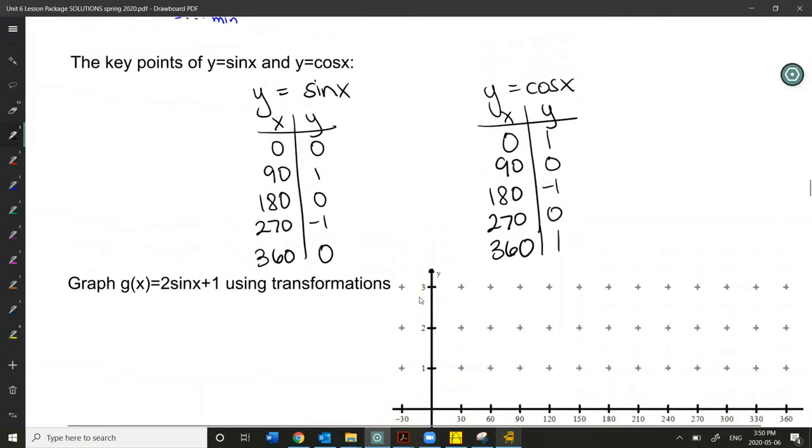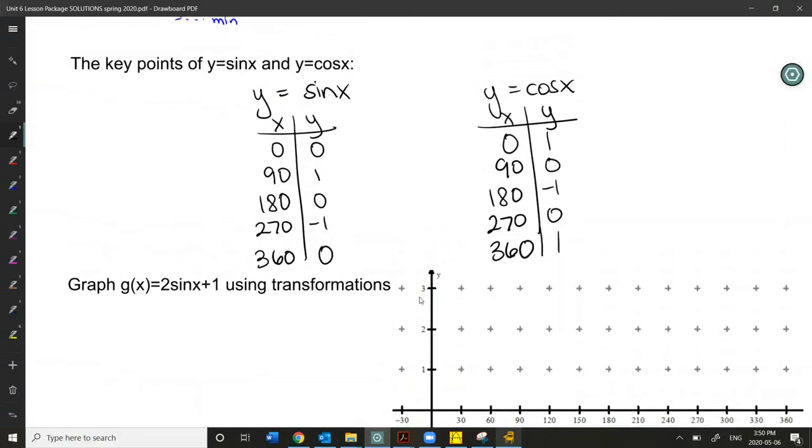And a couple things that I just want to point out here are that the x values of sine and cosine are actually the same. So there's no need to even memorize here. If I know 0, 90, 180, 270, 360, I can plug these directly into my functions for x, and that should give me out the y values. So I don't need to memorize the y coordinates here.